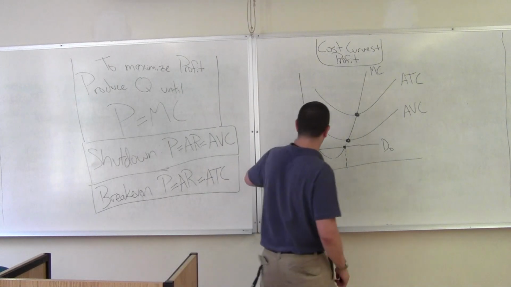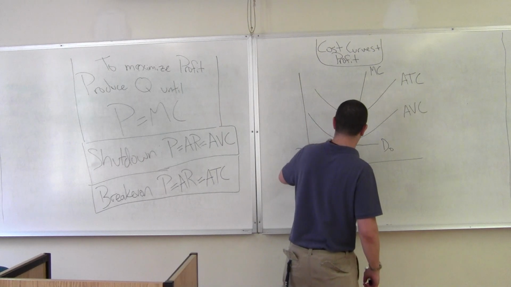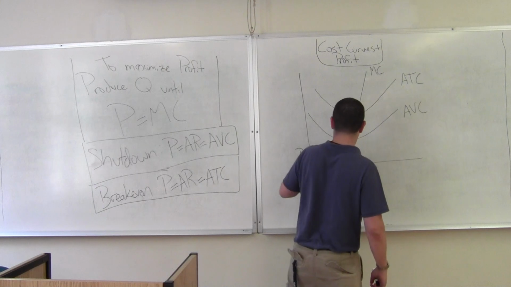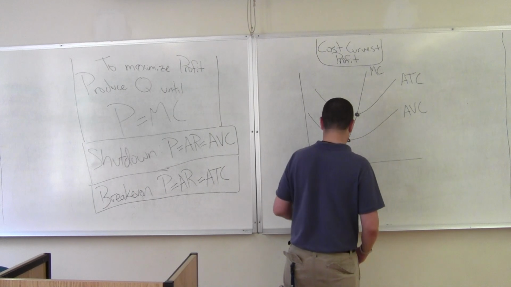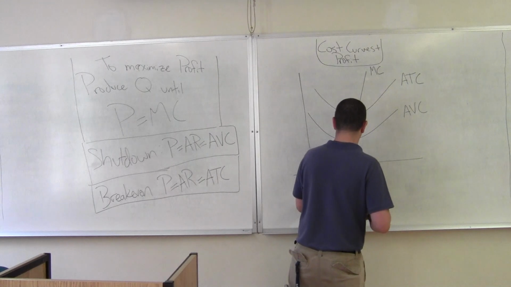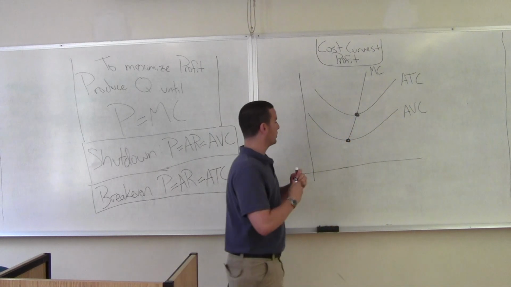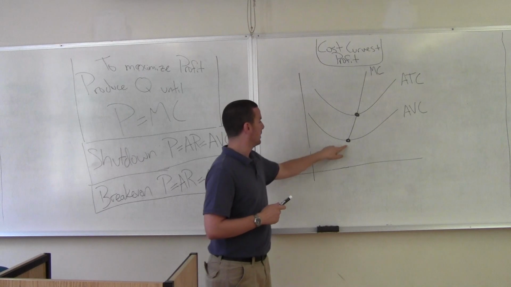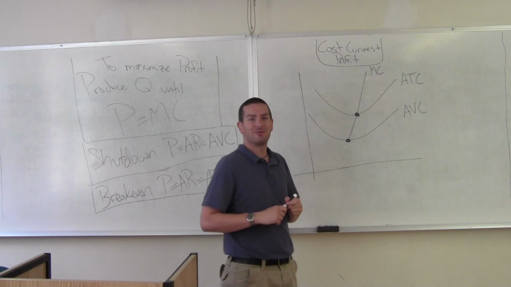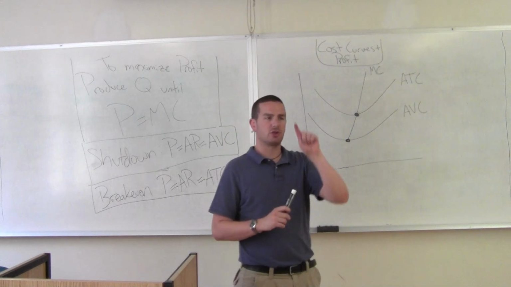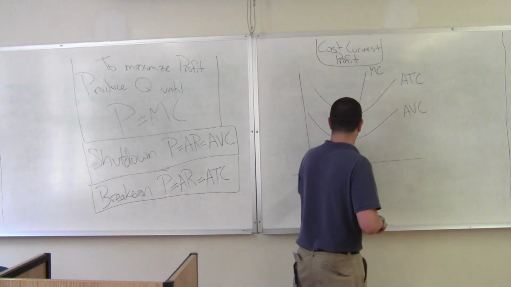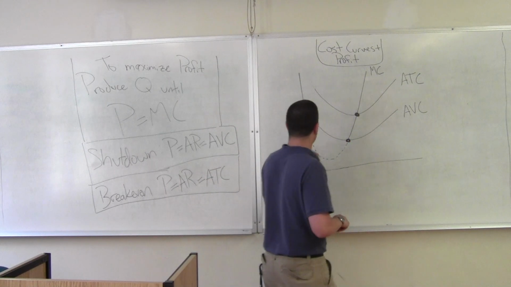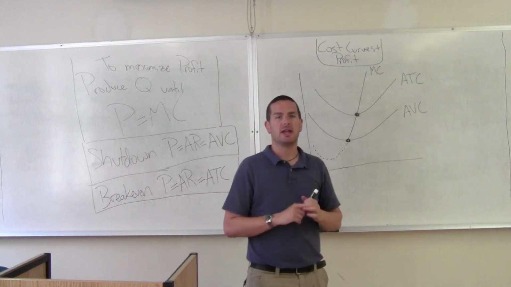So that portion of the marginal cost curve doesn't really exist, which I'm going to draw as a dashed line.